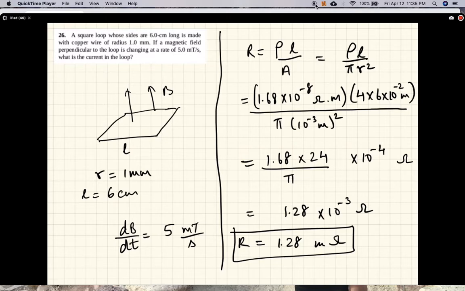Okay, we still have to find the EMF developed in the loop.